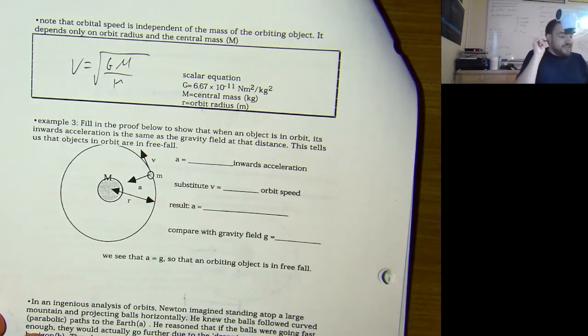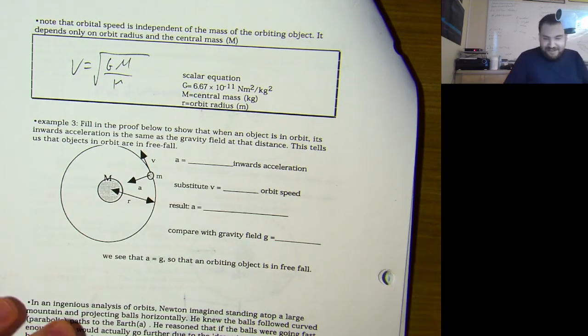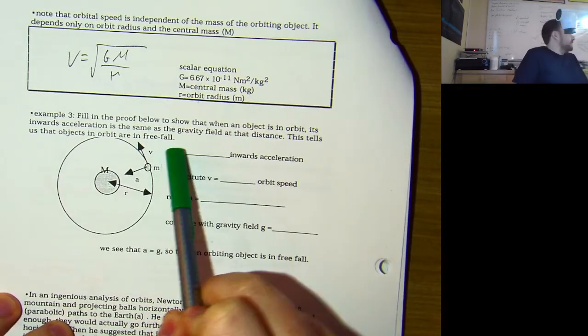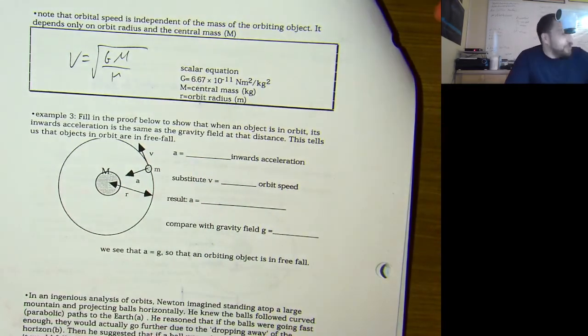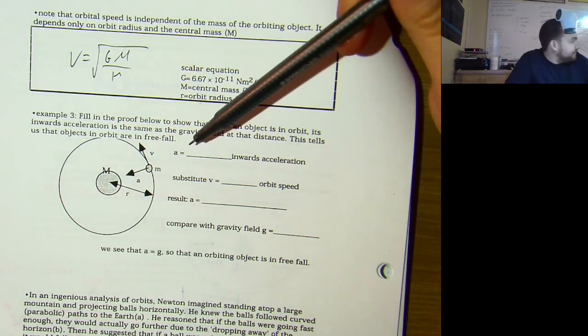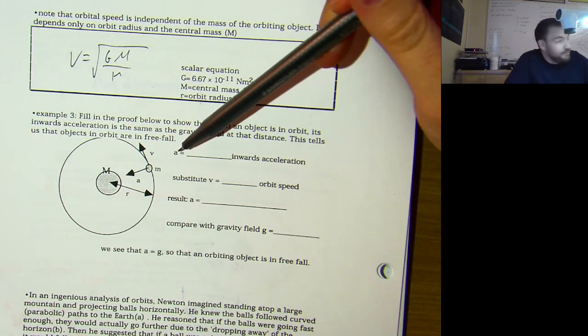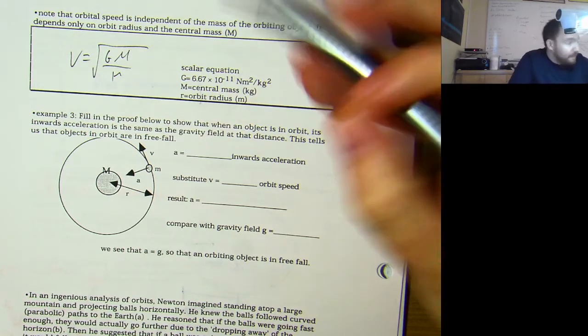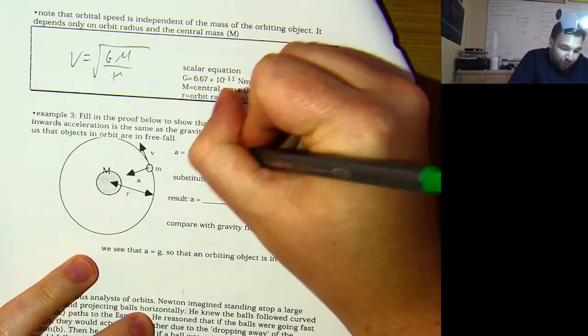So, there is a proof that we are going to take a look at here. Acceleration for an object in circular motion is equal to what? A equals what? For an object in circular motion, velocity squared over the radius.